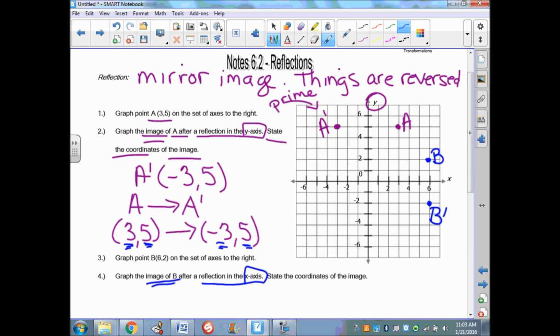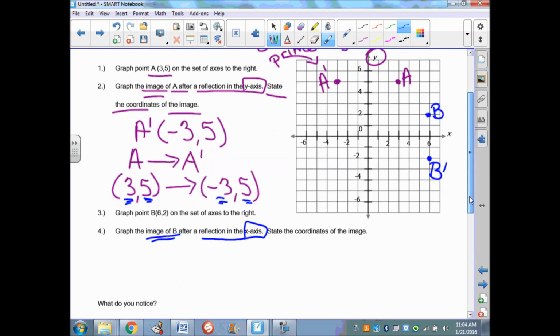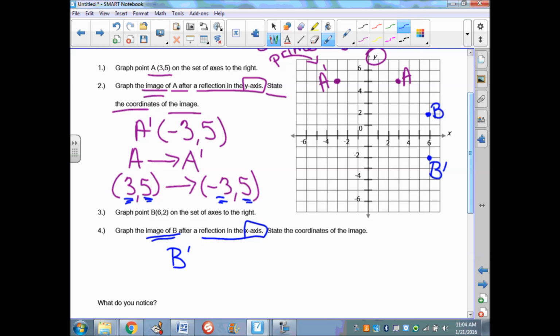So they're somehow related, but they're not the same exact point, so we're going to call it a different letter. It says state the coordinates of that image. So the coordinates of B prime are 6 to the right and down 2, so 6, -2. So what happened there? Let's summarize like we did in number 2. From point B, we reflected it in the x-axis and it went to B prime.